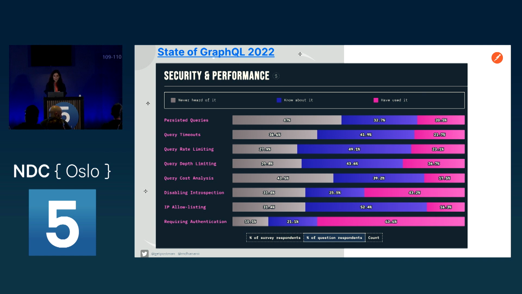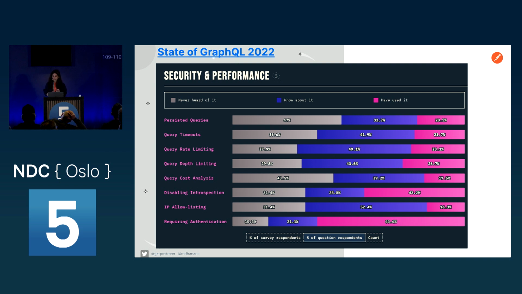This is from the State of GraphQL 2022 survey, and I think over 3,000 developers took part in this. This is specifically for the security and performance features. We've looked at persisted queries, query timeouts, rate limiting, and depth limiting.